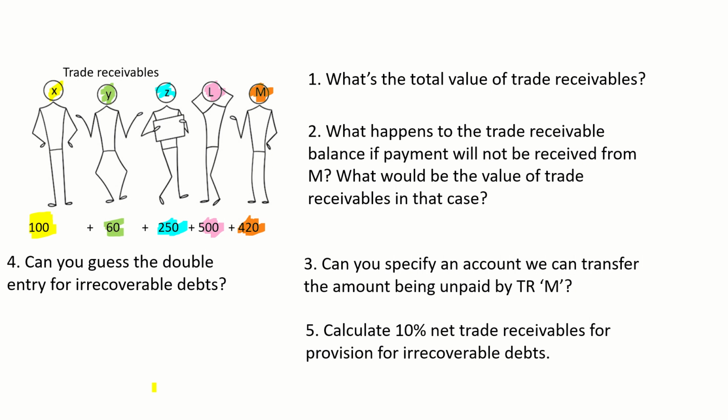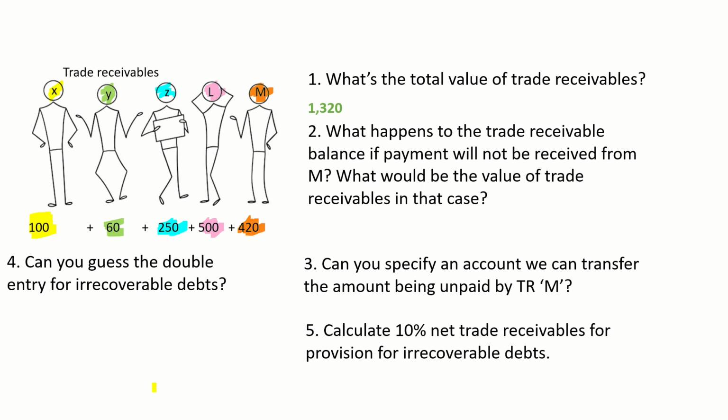What's the total of the trade receivables? 1320. You add up 100, 60, 250, 500 and 420. What happens to the trade receivable balance if the payment will not be received from M? What would be the value of the net trade receivables in that case?